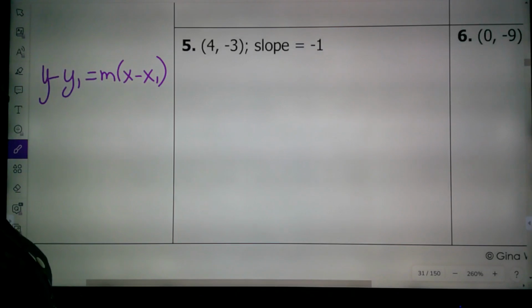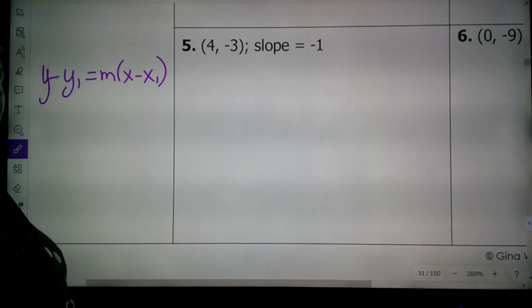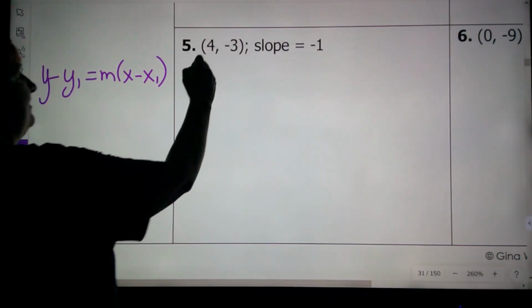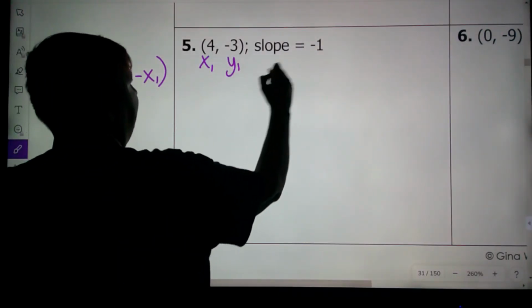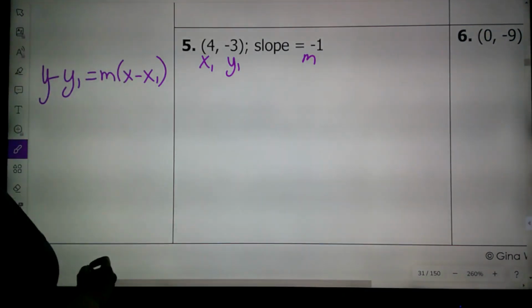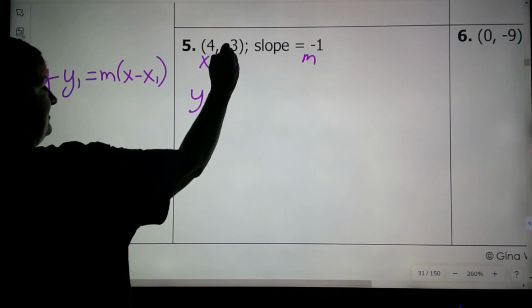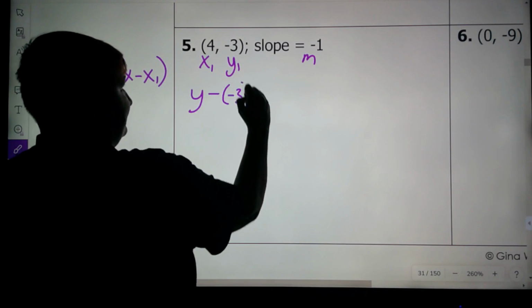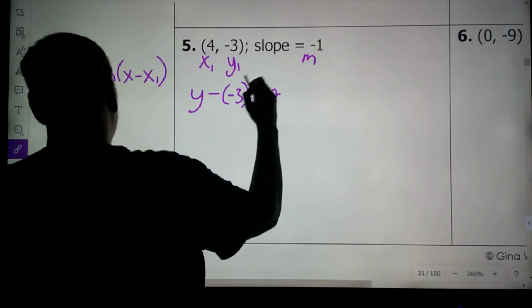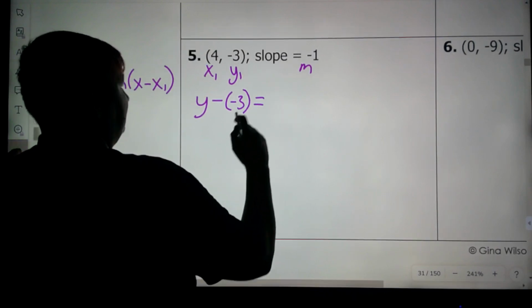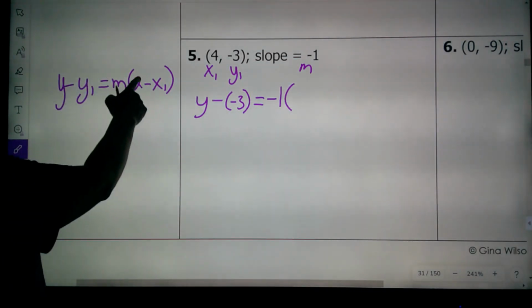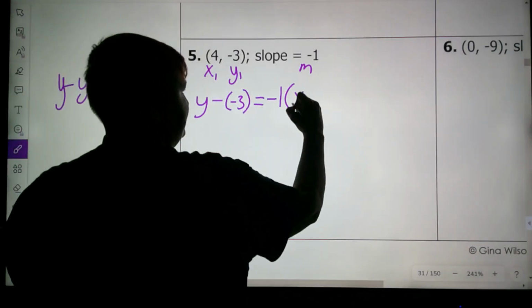I'm going to expect them to show up several times on your guided notes, and I'm going to expect them to show up at least once on the mastery check, just so I know you know it. x1, y1, m. y minus, there's a negative in the formula, a negative in the number, so it's going to be a double negative. m, which is negative 1, times x minus x1, x minus 4.